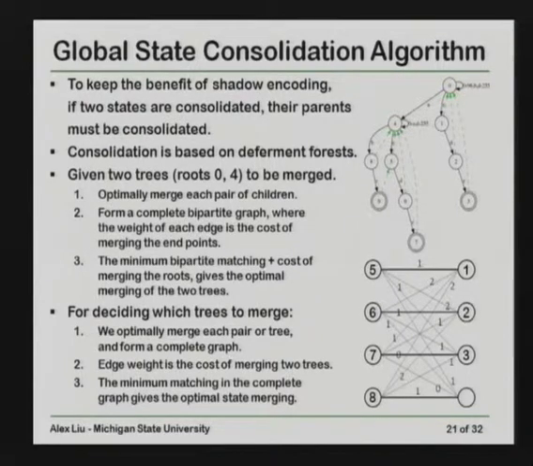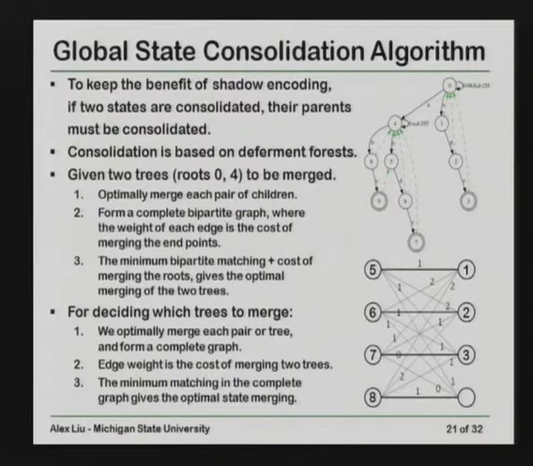So the global state consolidation algorithm. We basically want to find which two states need to be consolidated together. To keep the benefit of shadow encoding, if 2 states are consolidated, their parents also need to be consolidated. Here the parents are the deferment forest parents. So the consolidation is based upon the deferment forest.